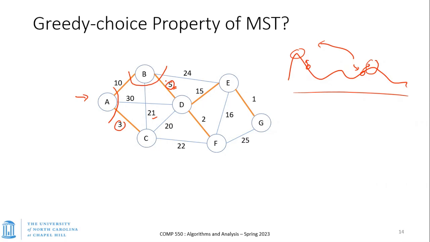Can you form a greedy property that you could prove? Yes, Thomas. Yeah, that's great. But how would that fit in with the optimal substructure?